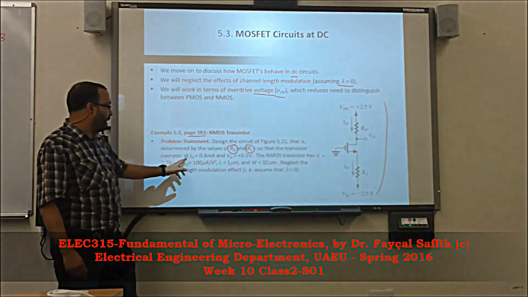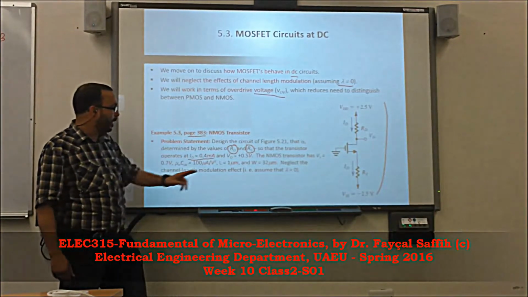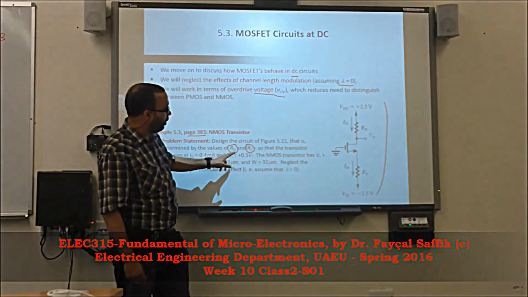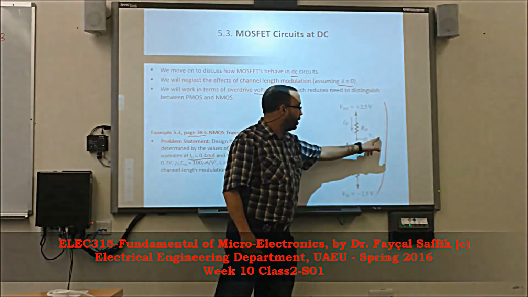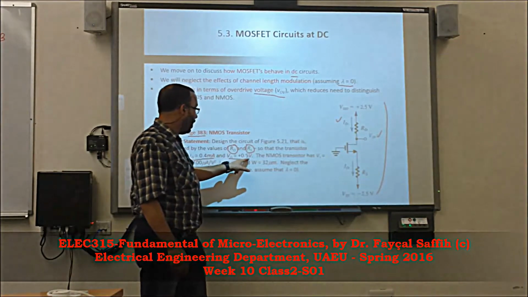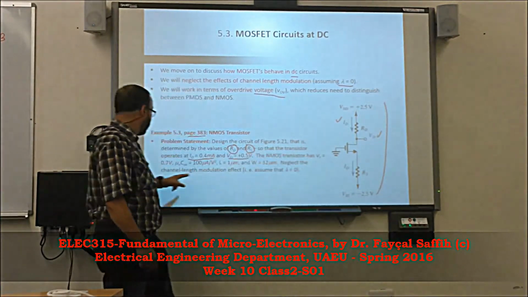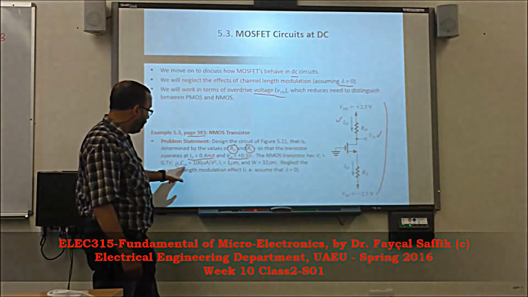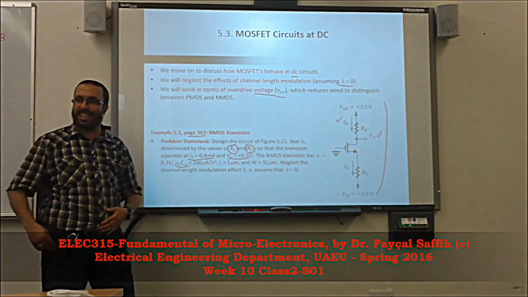The transistor operates at ID, so it's giving ID. It's giving VD, this voltage. So this is given. What else? The NMOS transistor has VT, so VT is given. Good. Mu n Cox, is that K or K prime?